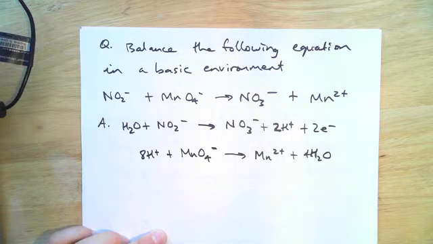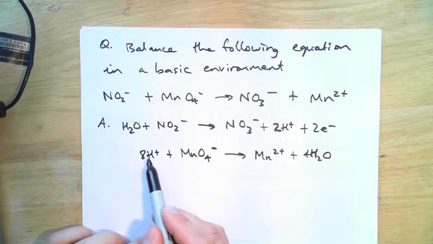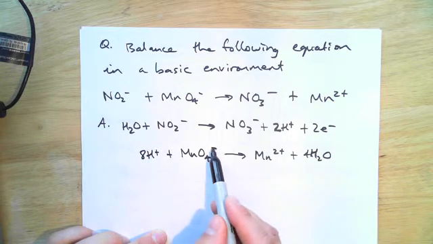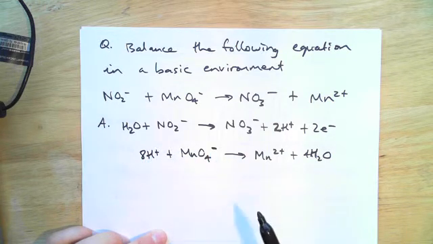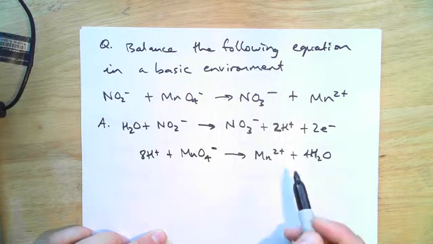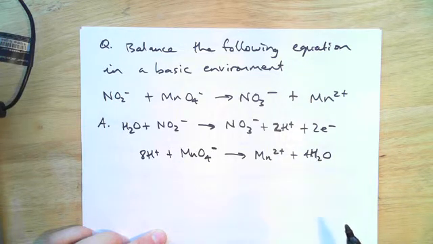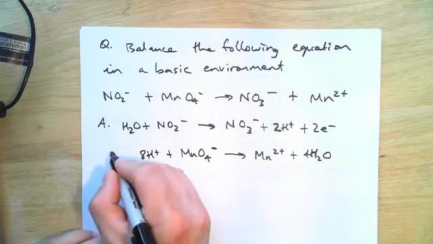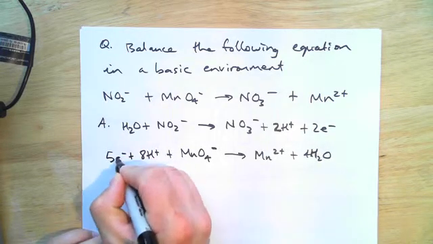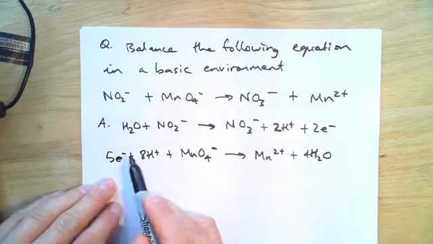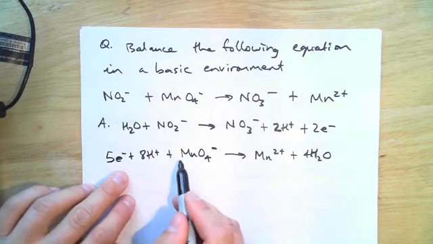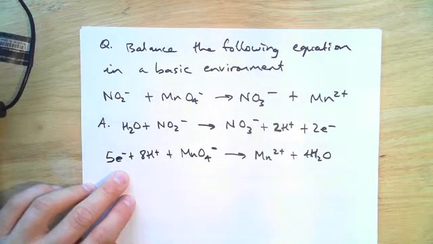Now, in order to finish it off, I have to balance the charges. So there's 8 pluses and 1 minus here, so it's a total of 7 plus on the left hand side. On the right hand side we just have the 2 plus. So I really need to add 5 electrons here, because the 5 electrons will add to the 7 pluses to give me just a 2 plus, and the same on the right hand side, I'll just have the 2 plus.